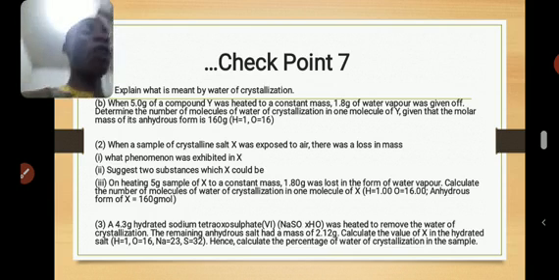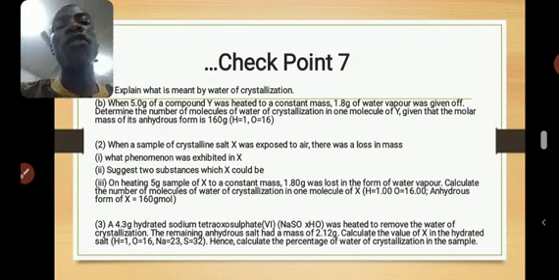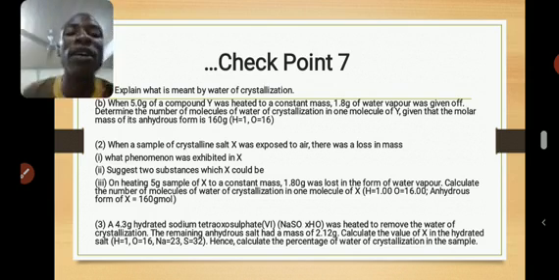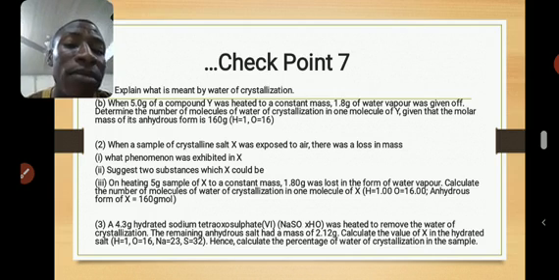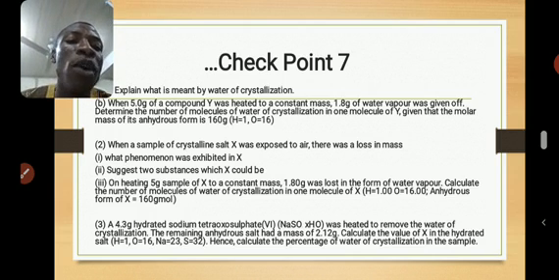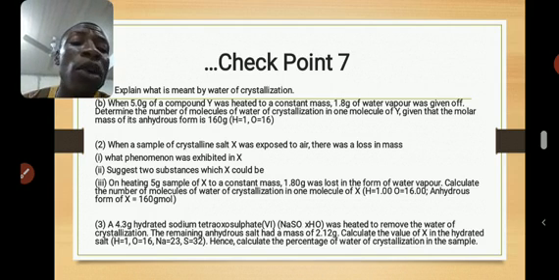Just know what to do. What's the mass of your hydrated salt? What's the mass of your anhydrous salt? Write it out. The mass of water driven off is 4.3 minus 2.12.